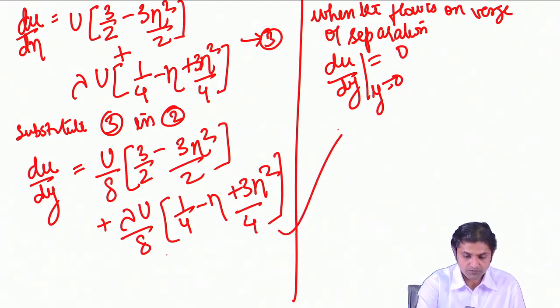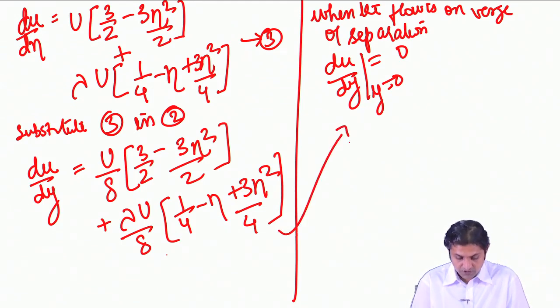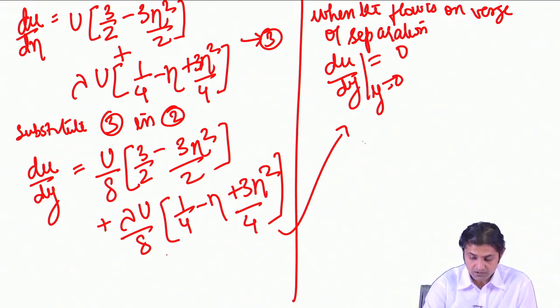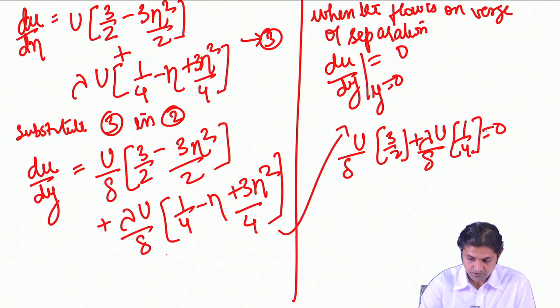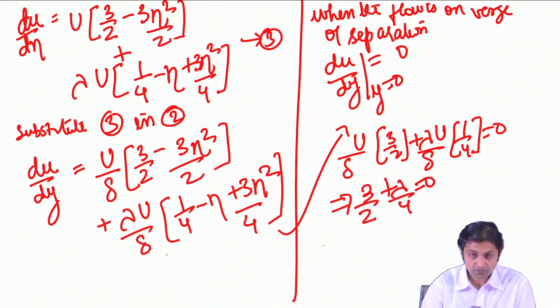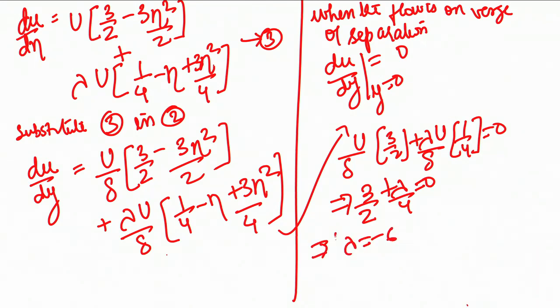So what we do, we put it equal to 0, and what we obtain is U/delta into 3/2 plus lambda U/delta into 1/4 equal to 0. U/delta you take common, this will give us 3/2 plus lambda/4 is equal to 0, which implies lambda is equal to minus 6.